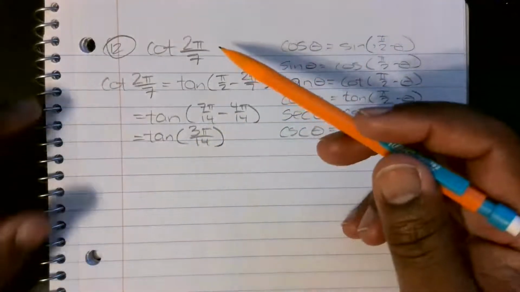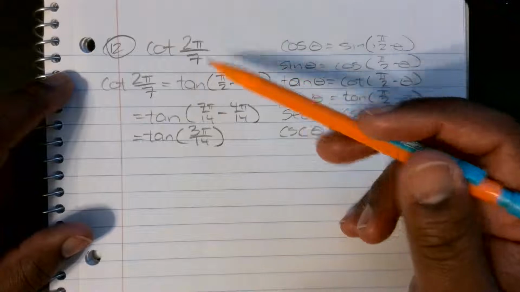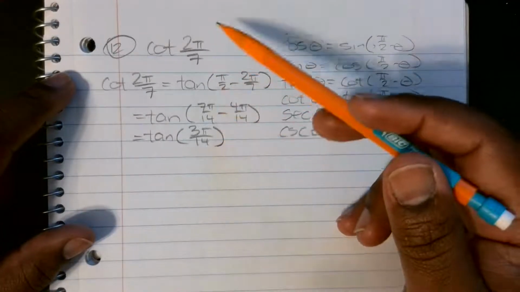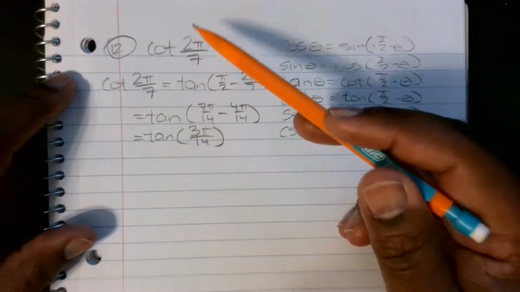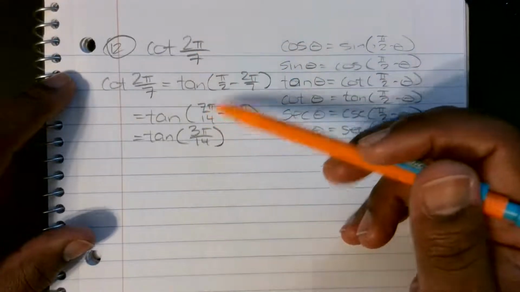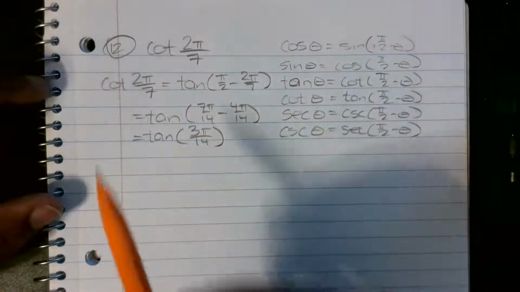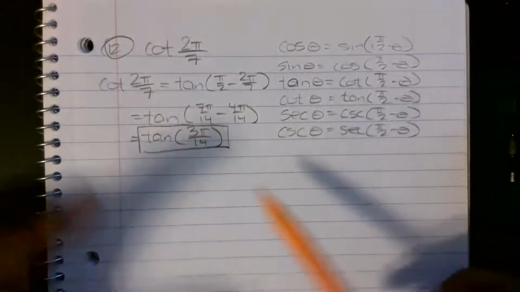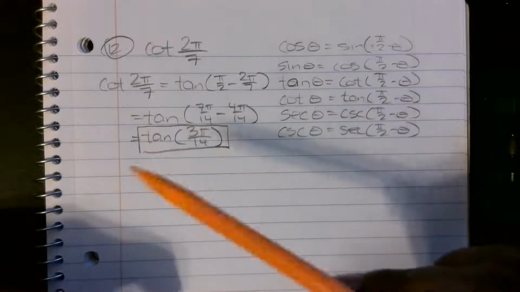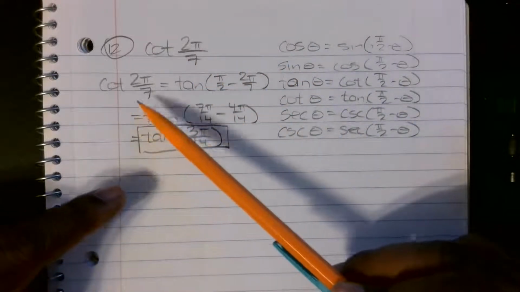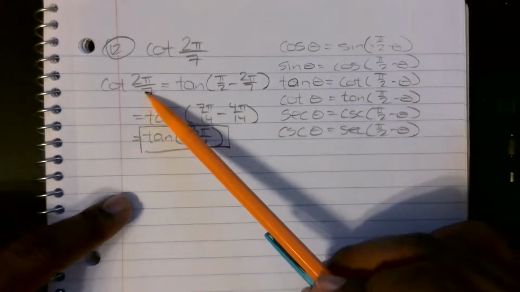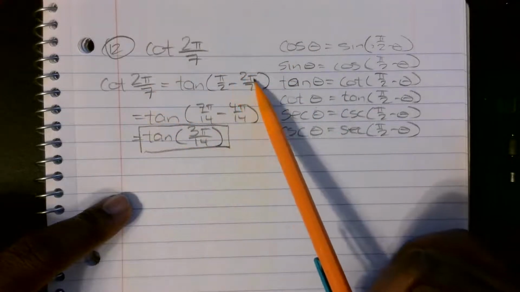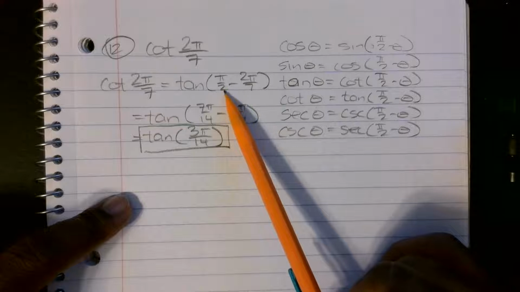If I add 2 pi over 7 and 3 pi over 14, it becomes 4 pi over 14 plus 3 pi over 14, which is 7 pi over 14, pi over 2. These are cofunctions. What this means is that the cotangent of an angle in a triangle is equal to the tangent of 90 degrees minus that angle, because pi over 2 is the same thing as 90 degrees.